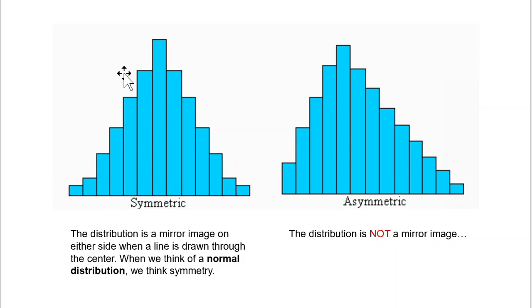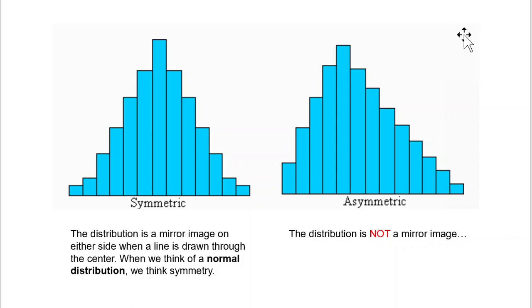And it kind of looks like a bell curve. That's another way you can say this: it's a bell curve or a normal distribution. But you just notice how if you split this in half here, you have a mirror image on both sides.